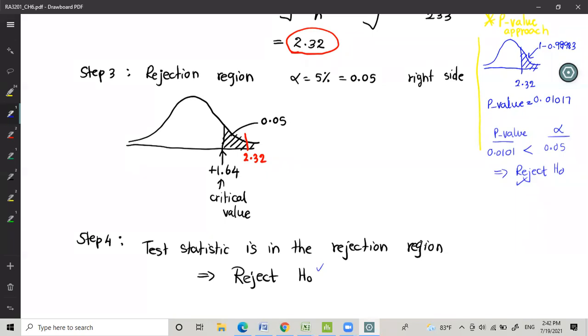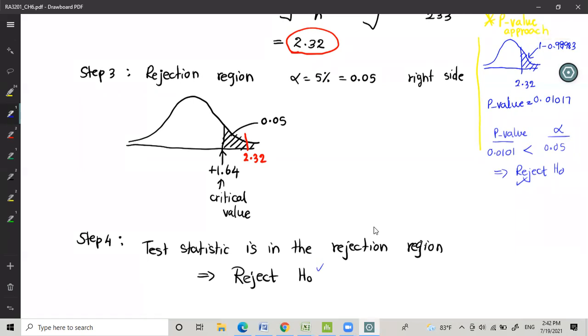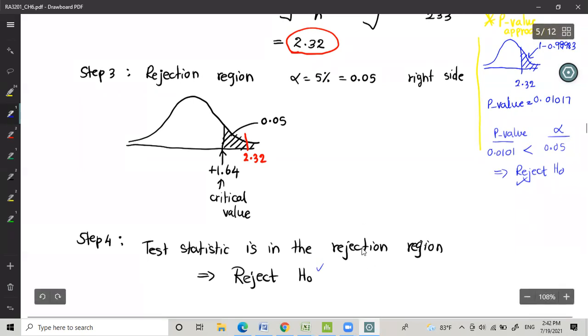Therefore, you can use either approach. But if it is the mean, only for case 1 and case 2 will you end up with Z scores. In those situations, you can go for the p-value approach. If you are using a computer output to make your decision, it will always be the p-value. The p-value will be displayed on your output, so you pick it and make your conclusion. We'll do examples on how to read the computer output later when we do the lab session.